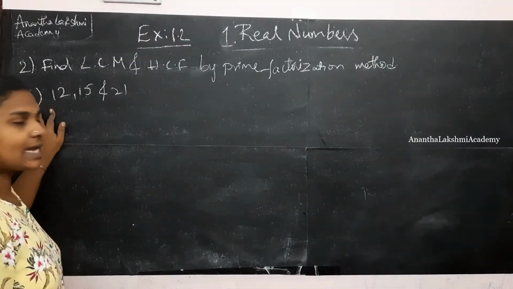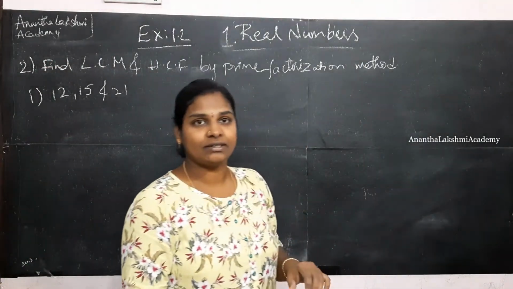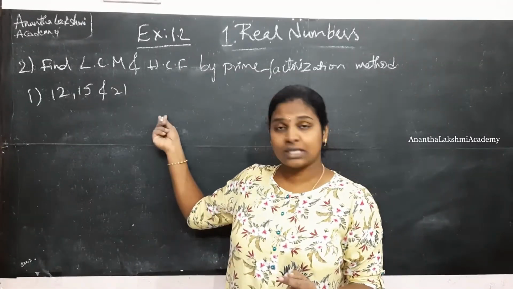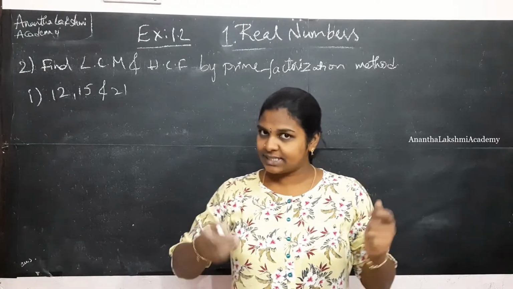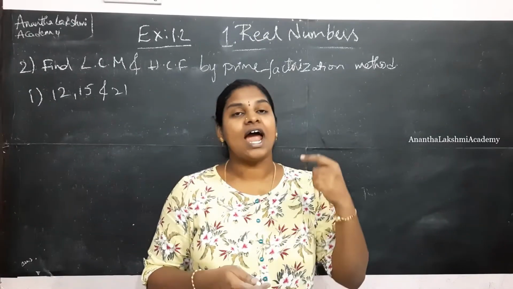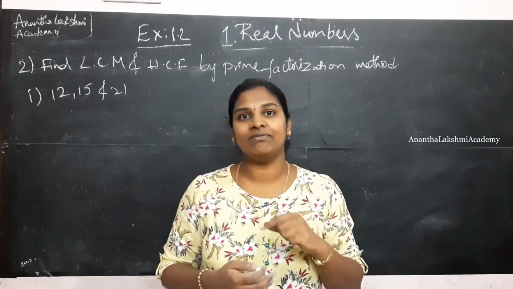So here we are at the second problem. Find LCM and HCF by the prime factorization method. We have already discussed the concept needed to solve this kind of problem, right? HCF is the product of the least powers of common prime factors, and LCM is the product of the highest powers of each prime factor.